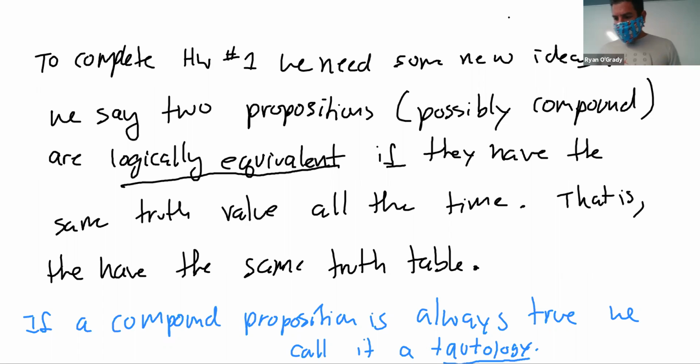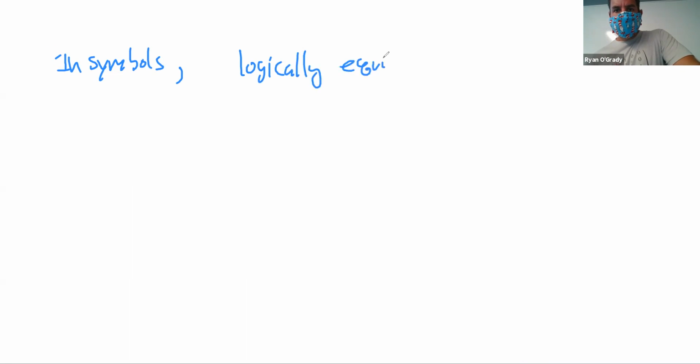So let's put this in symbols. Before I do that, does anybody have a question? Okay, so in symbols, we can say the following. P if and only if Q is a tautology.